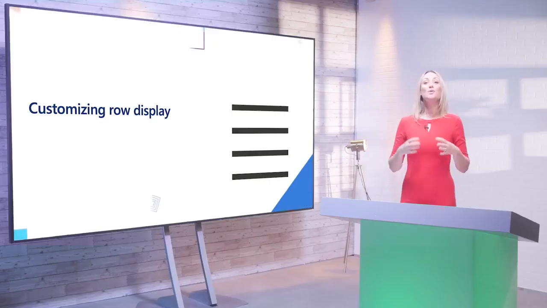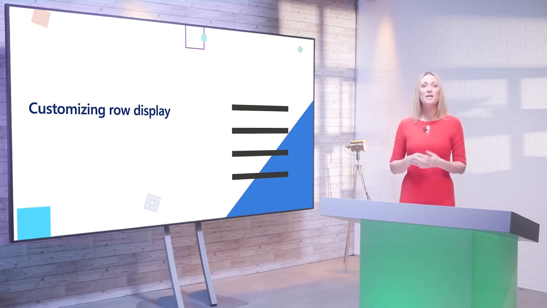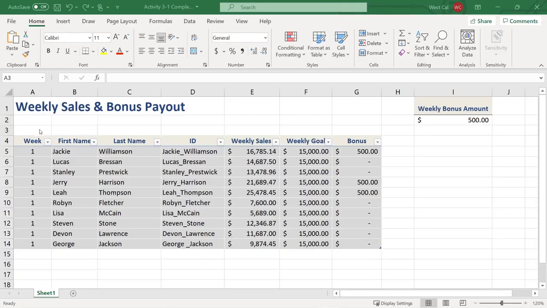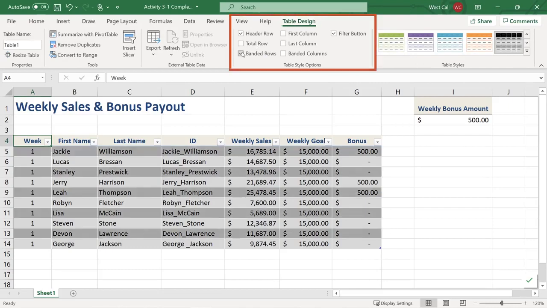You've just seen how to apply styles to tables so Thomas can present them in a more professional manner. Let's now look at how Thomas can customize row display. You can customize rows in a table by enabling or disabling banded rows and including total rows. If you want to toggle banded rows, first select the table that you would like to work with and then click the Banded Rows checkbox in the Table Style Options group.